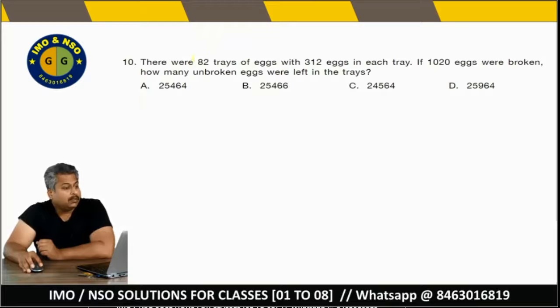Okay, so there are 82 trays of eggs with 312 eggs in each tray. So, one tray, 312 eggs, and total 82 trays. So, if 102 eggs were broken, how many unbroken eggs were left?